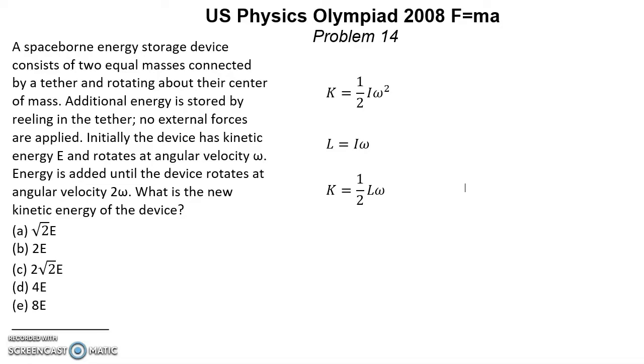Now we see that angular momentum is constant because we don't have any external forces, and according to this formula, if we increase omega twice, kinetic energy increases twice. So the result is B. Kinetic energy equals 2E.